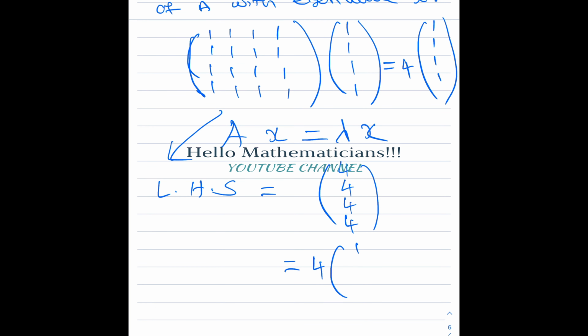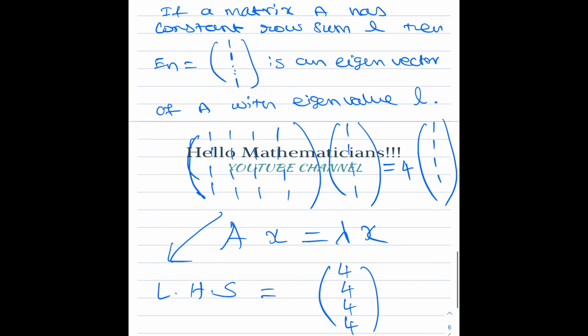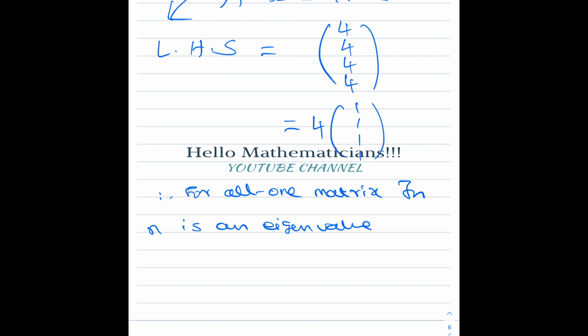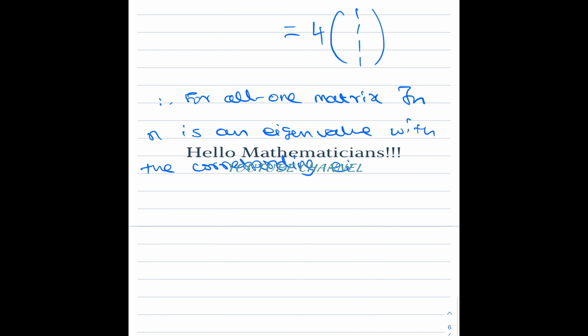This is equal to 4 times 1, 1, 1, 1. Okay, therefore, so what we have concluded: for the all one matrix Jn, n is an eigenvalue with the corresponding eigenvector En.